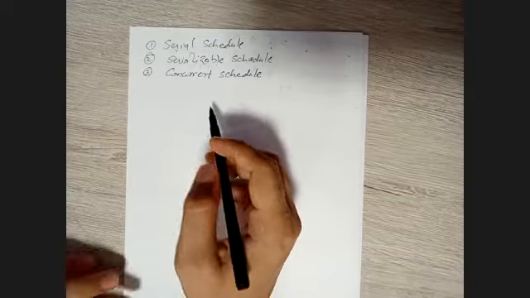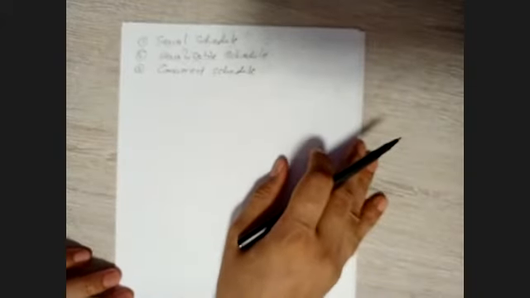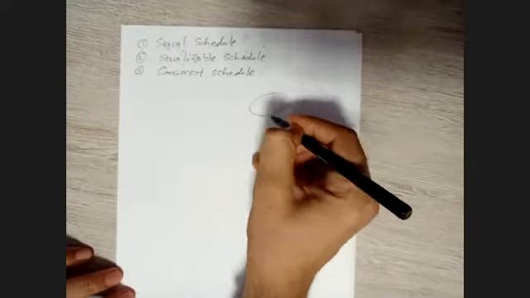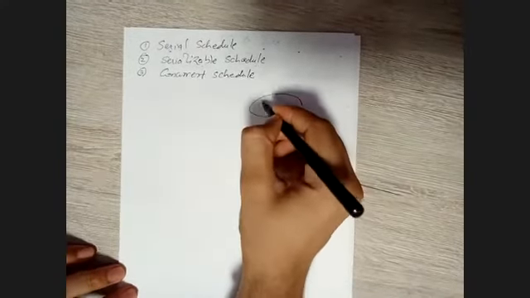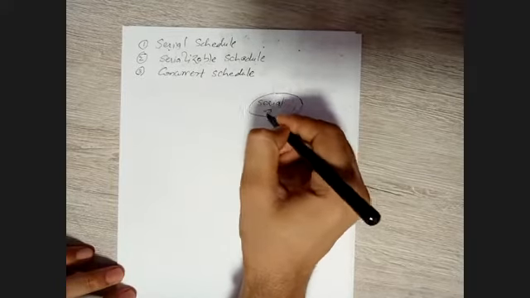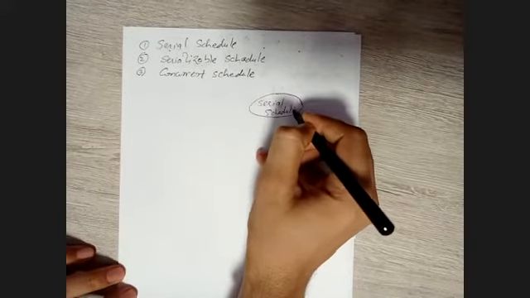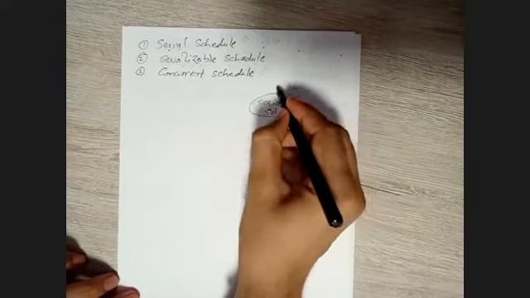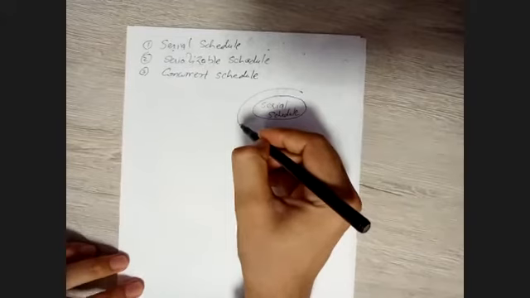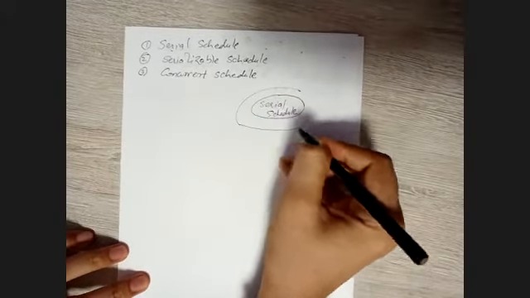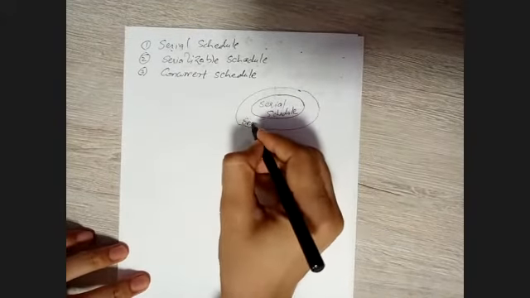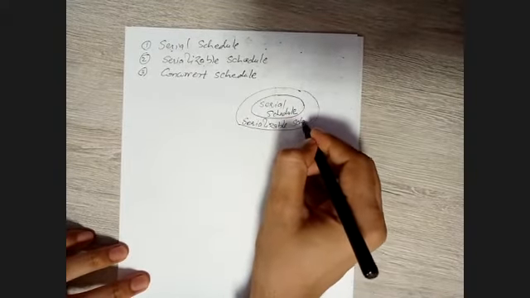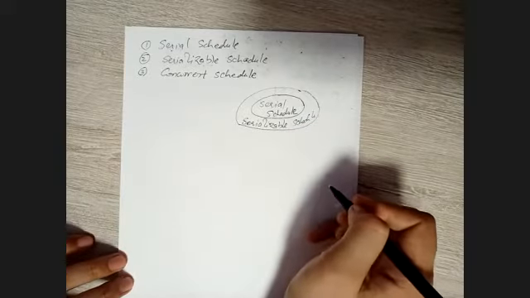So to understand graphically, let's see how we can understand the difference between these. The first one is your serial schedule. After that, what we have is serializable schedule.